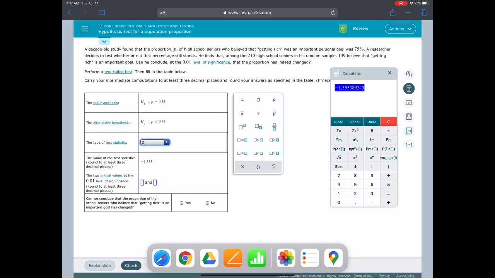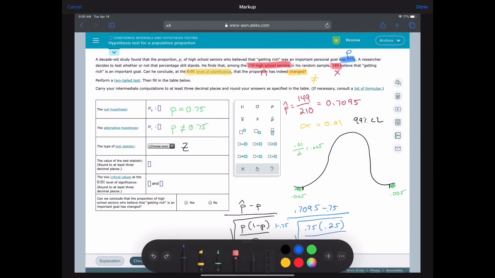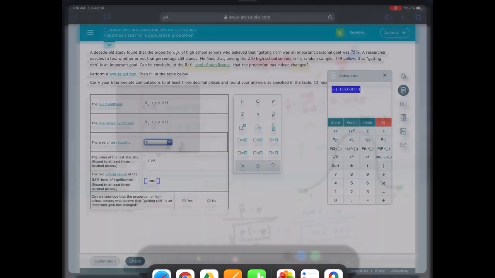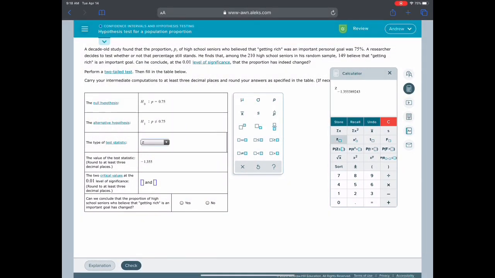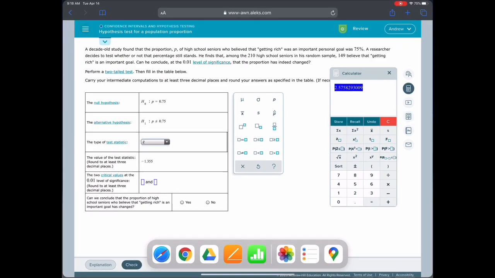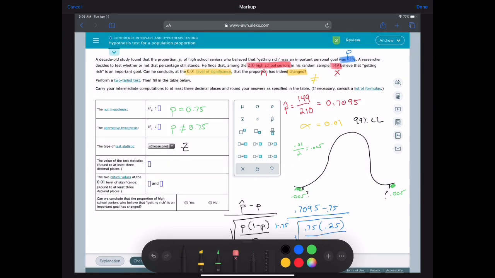If we jump back over here, our critical value, again, is this point right here. That's why there are 2 blanks, because we have a two-tailed test. We need to figure out what that is. We are just going to use the Z on the calculator, and we're going to do Z of 0.005. Now again, remember this only gives me the area to the right, so the calculator is only giving me this number right here.